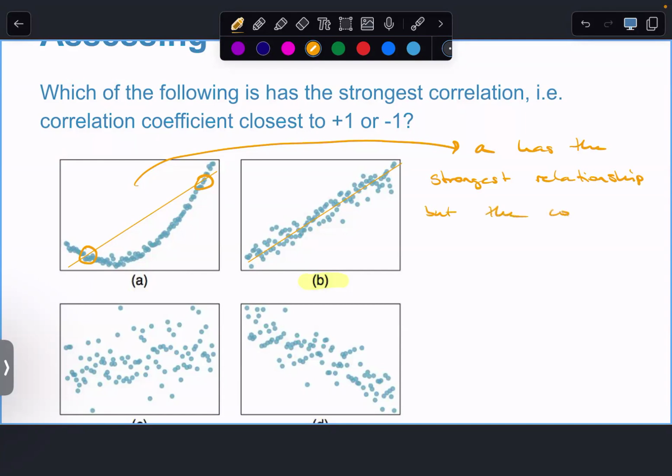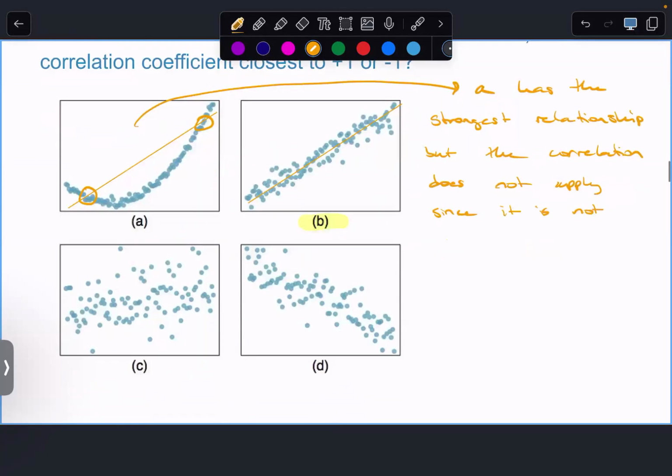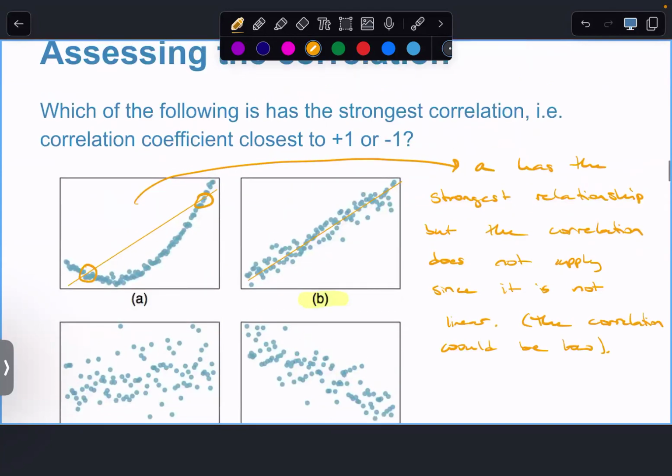But the correlation does not apply since it is not linear. In fact, the correlation would be low. Okay.